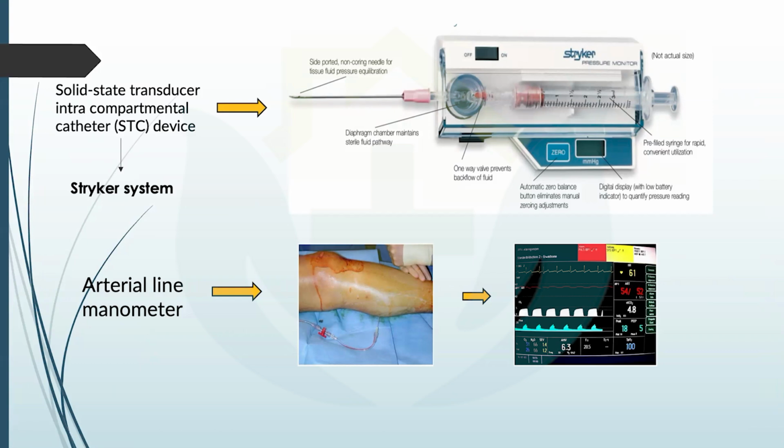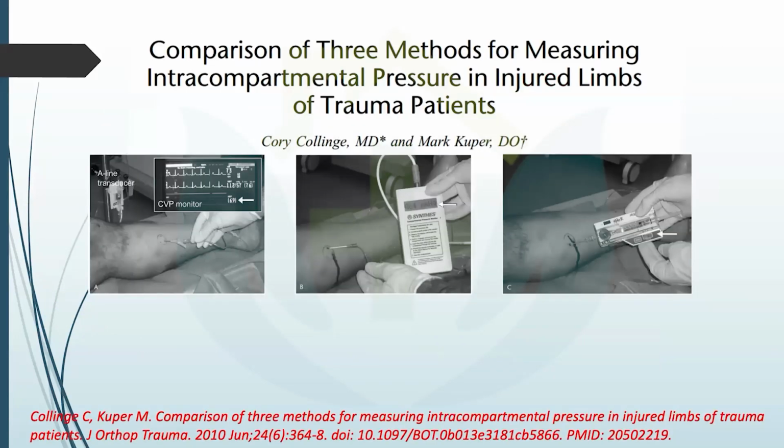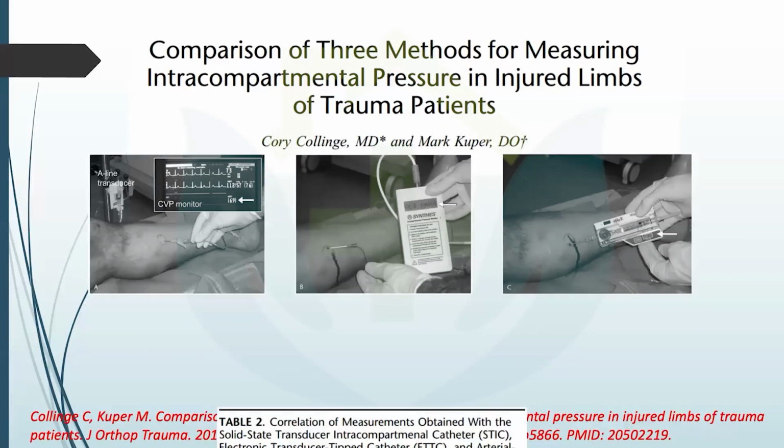After putting the needle, you just put the sheath inside and connect it to the transducer system, which tells you about the pressure. Generally, a compartment pressure less than 20 is normal. If the pressure is exceeding 20, it is abnormal, and if it is exceeding 25 to 30, it is definitely abnormal. That is the definition, pressure-wise, of compartment syndrome.